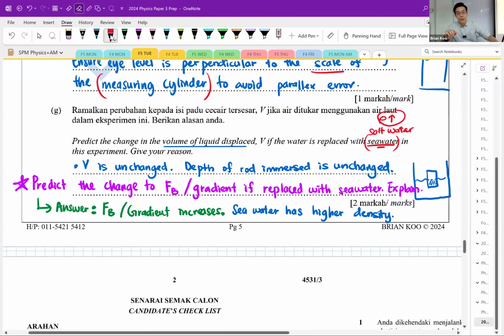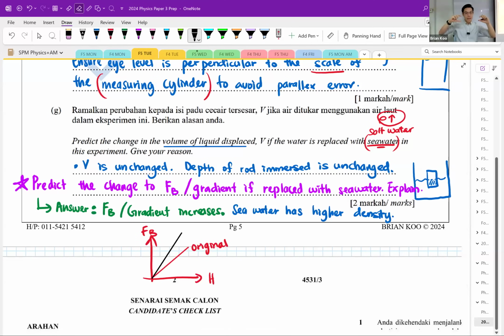Okay, so the graph will look like this. At first, the one that you drew looks like this. This is the original one, let's say. It just means that if you go and change it to seawater, all the values will have a higher buoyant force.